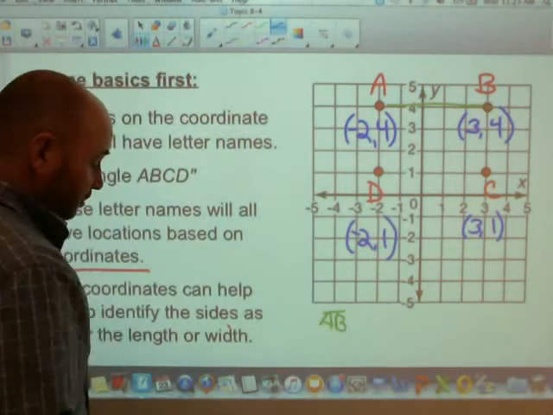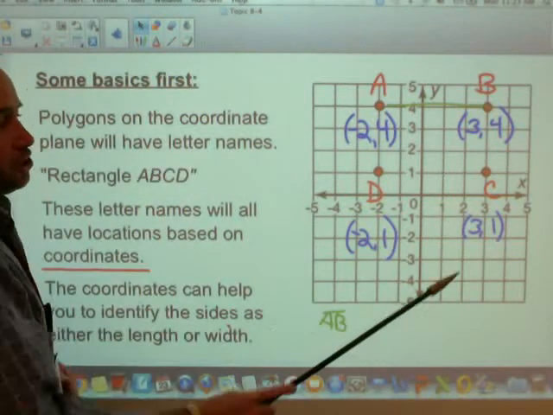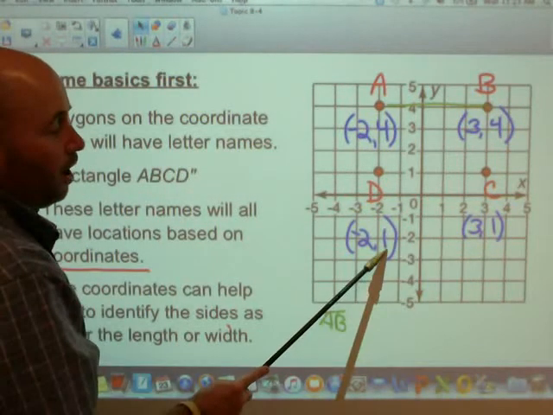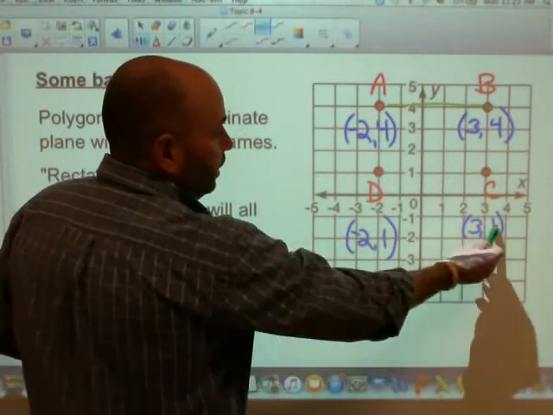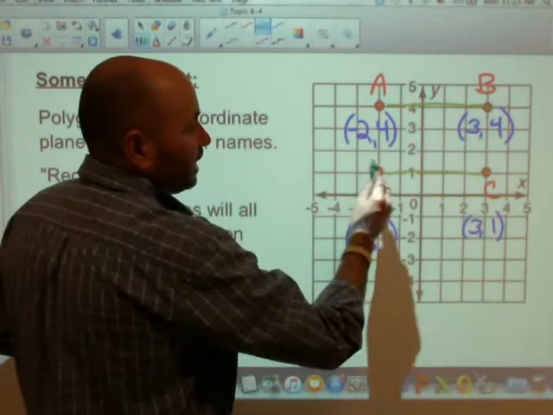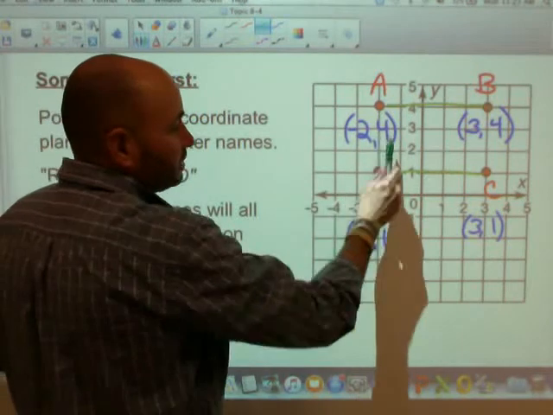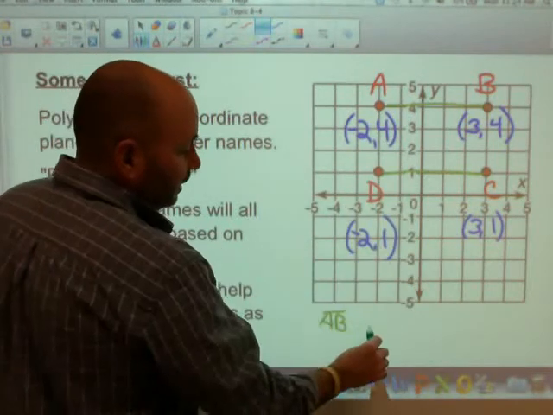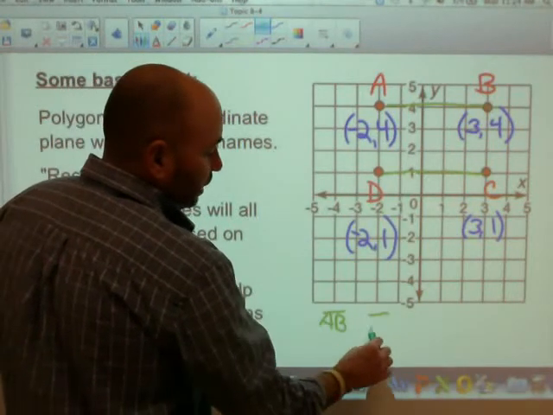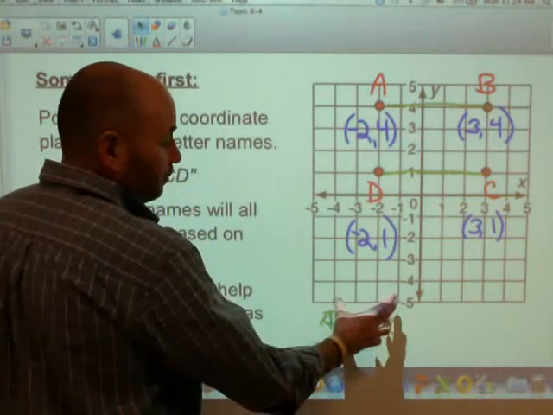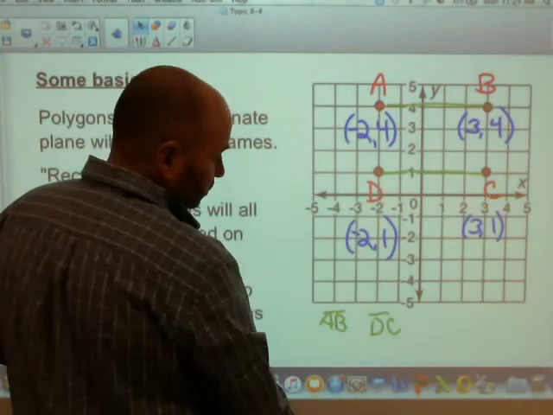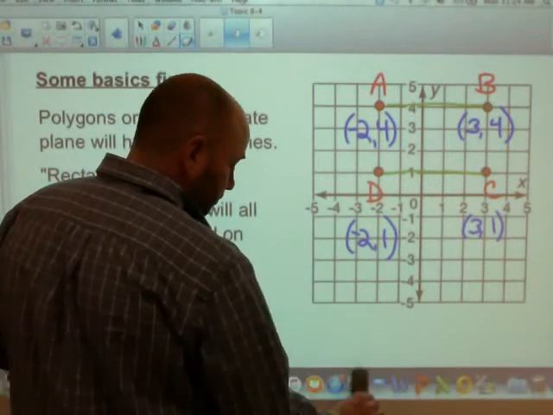And again, you can see that they share the same y value, which means that they are going to be parallel to the x-axis, which is good because now we know that line segment AB is parallel to line segment DC. And that's good information to know because we're talking about rectangles.